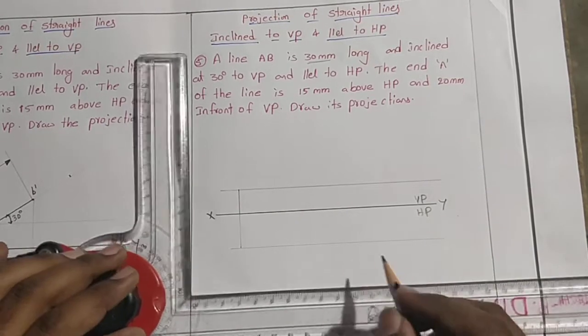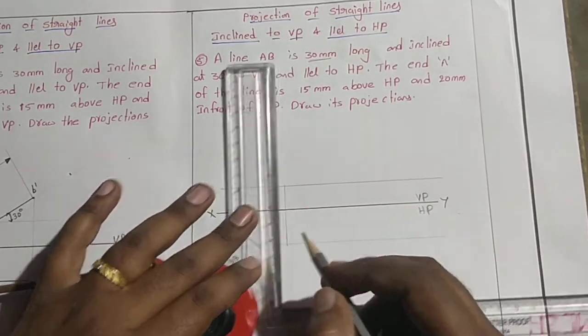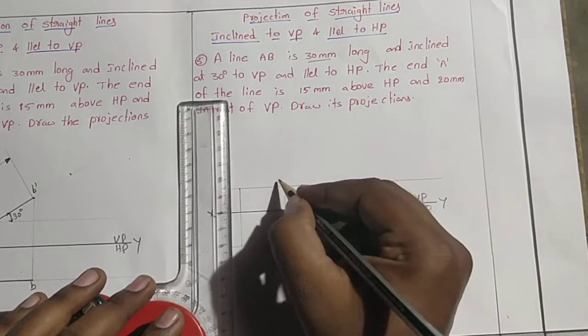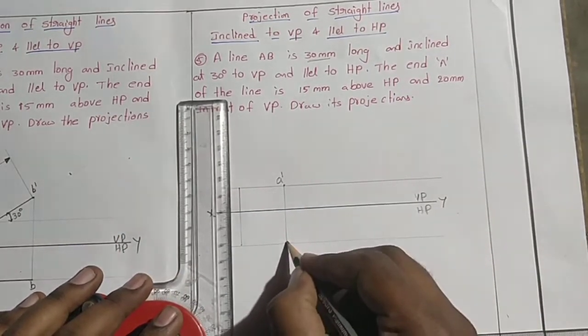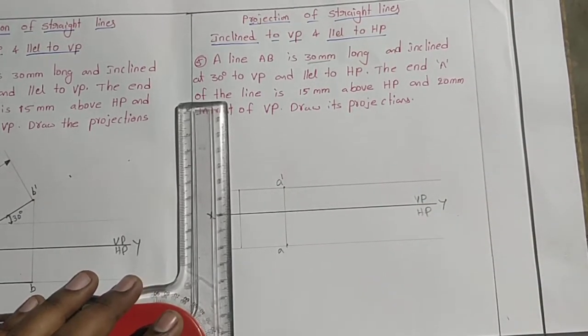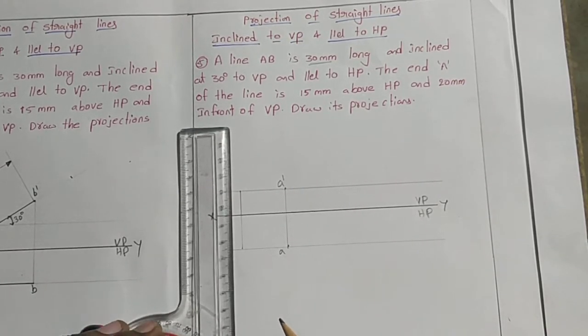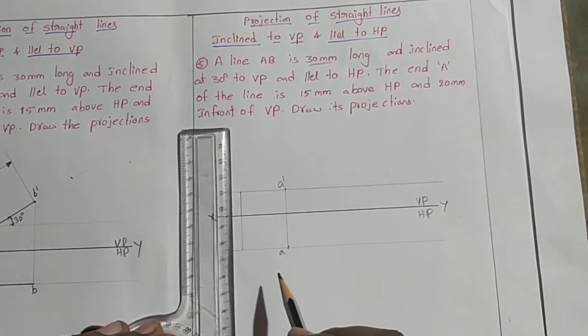Okay. Next I take one reference line. It is the projection of point A dash and A. A dash is the front view and A is the top view. Okay. Next, the line AB is 30 mm long and is 30 degrees inclined to VP.